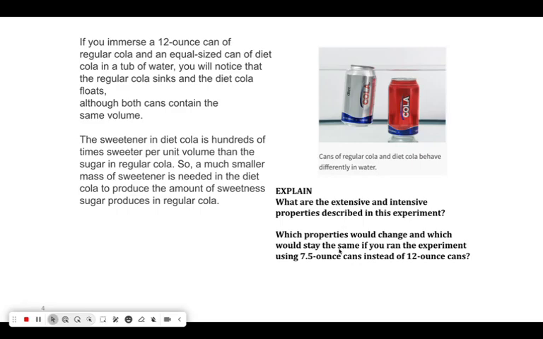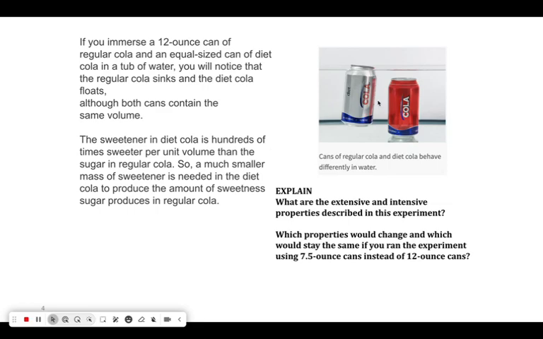If you changed the experiment so you had 7.5 ounce cans, smaller cans instead of 12-ounce cans, what properties would change and which ones would stay the same? Would the mass change?